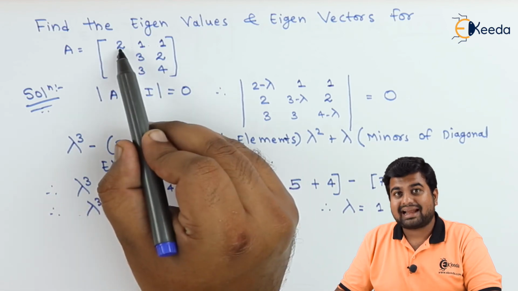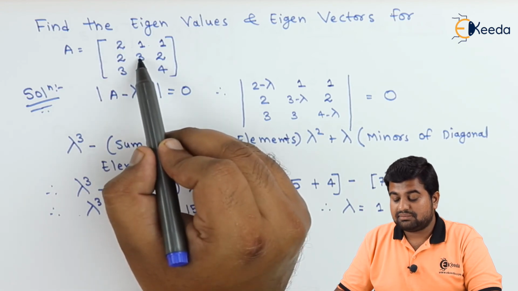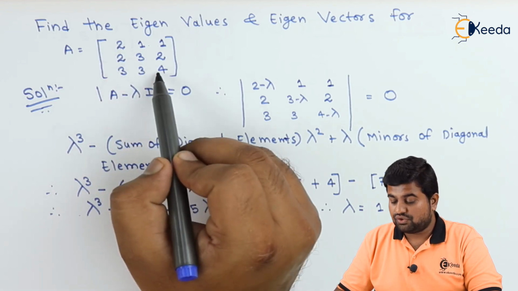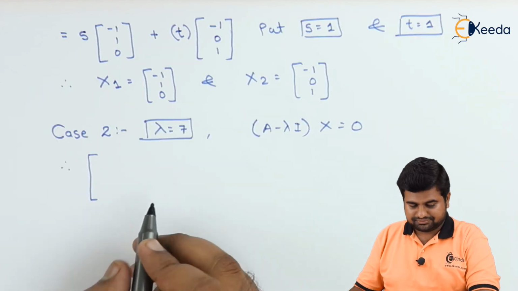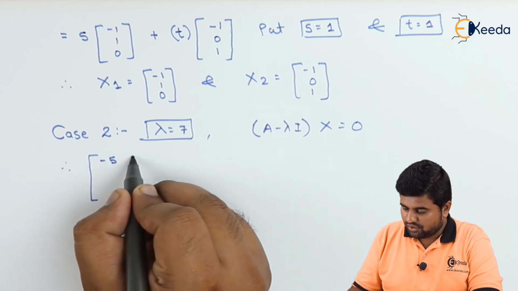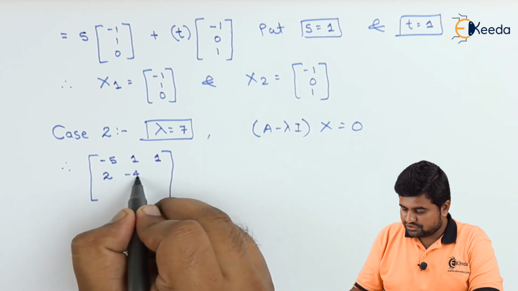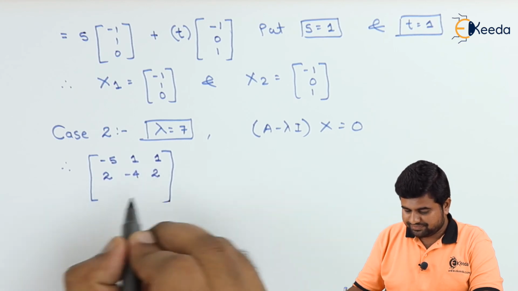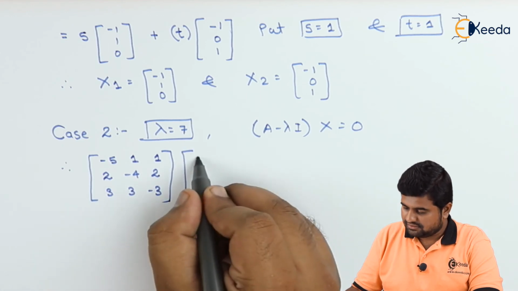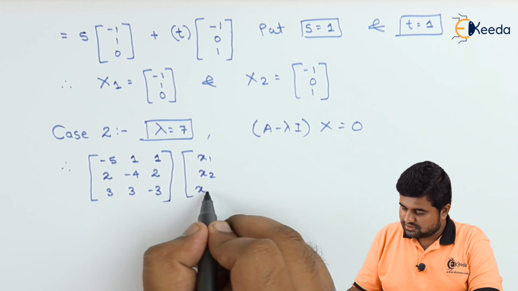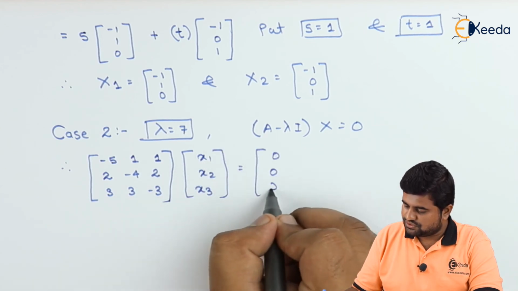Subtracting 7: 2 minus 7 is minus 5, 3 minus 7 is minus 4 and 4 minus 7 is minus 3. So we'll have minus 5, 1, 1, 2, minus 4, 2, 3, 3, minus 3 and x1, x2, x3 as 0, 0, 0.